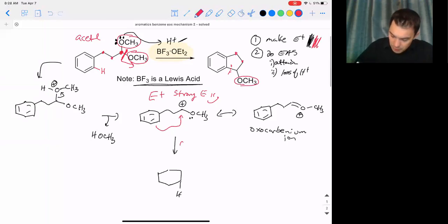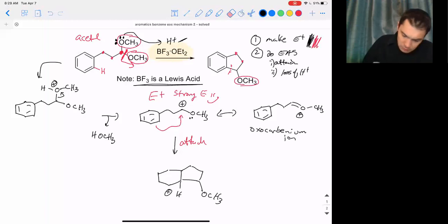So this is going to be our initial attack. Oops, got one too many bonds in there. And so we should make this carbocation using the double bond that I indicated.